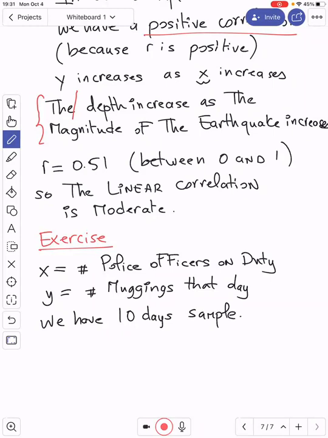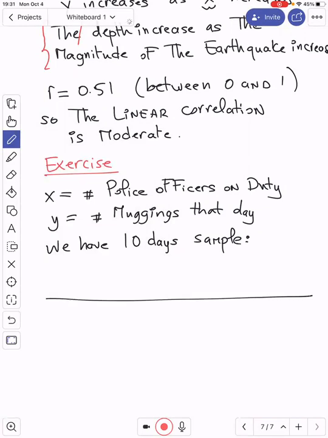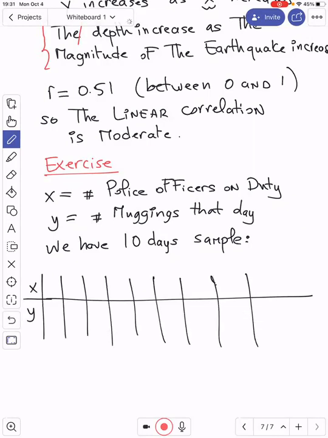So of course the question is, is there a relation between the number of police officers on duty and the number of muggings that day, right? So let's say we have the following data. We have a 10 days sample. So this is X, Y, days 1, 2, 3, 4, 5, 6, 7, 8, 9, and 10.